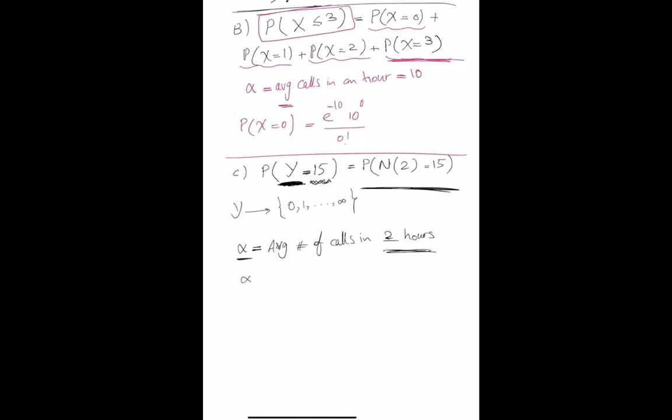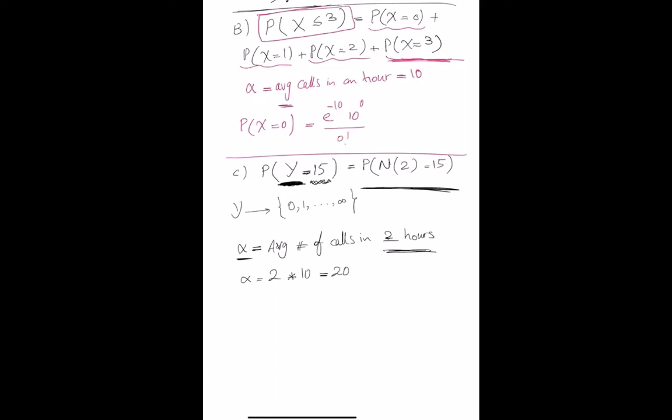So now what is alpha? From the problem statement, the average number of calls in 1 hour is 10. So in 2 hours it is 2 multiplied by 10. That's 20.